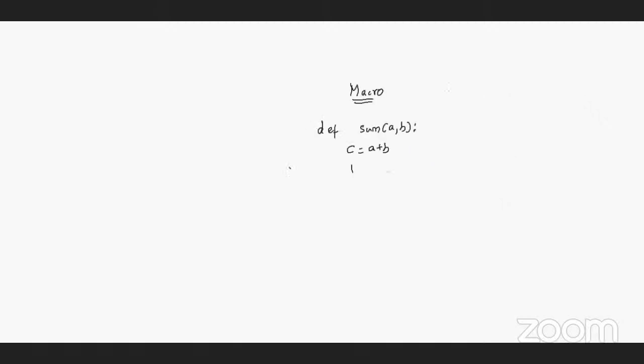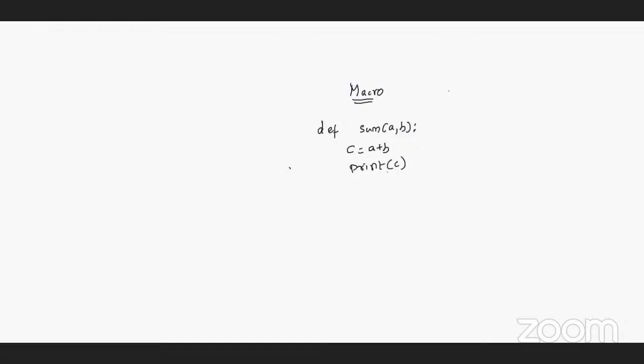def sum of two numbers, sum(a, b), and then c is equal to a plus b. And then I have to call this function.